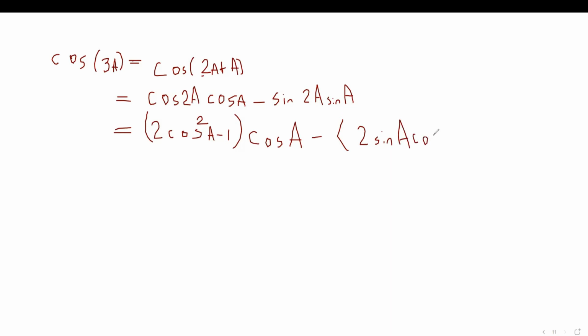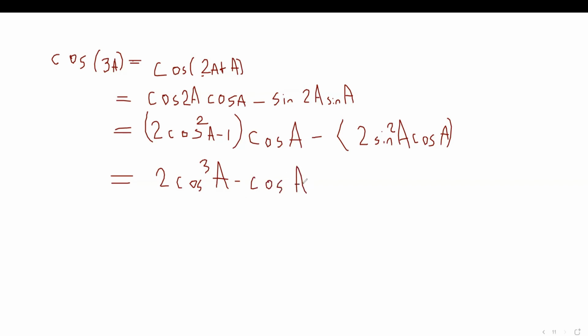So put the sine a times the sine a and put a sine square here. So now we end up with 2 cos square a times cos a, that's 2 cos cube a. Then we have 1 times cos a, that is minus cos a.